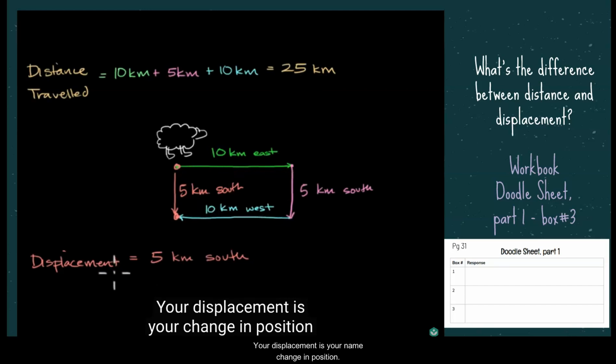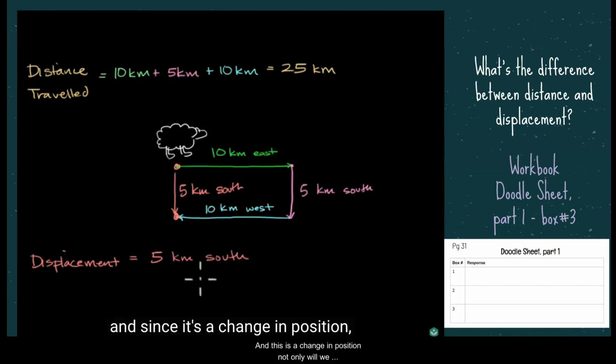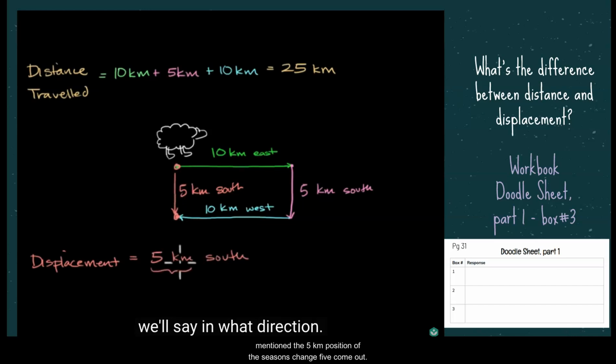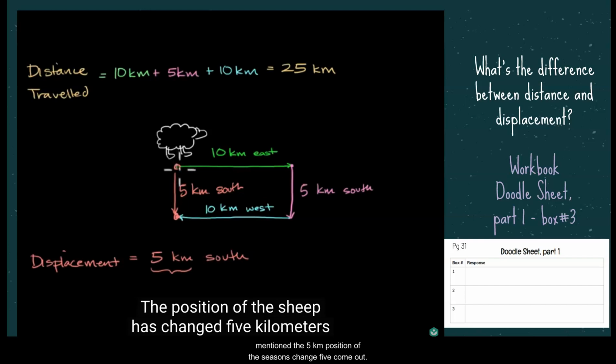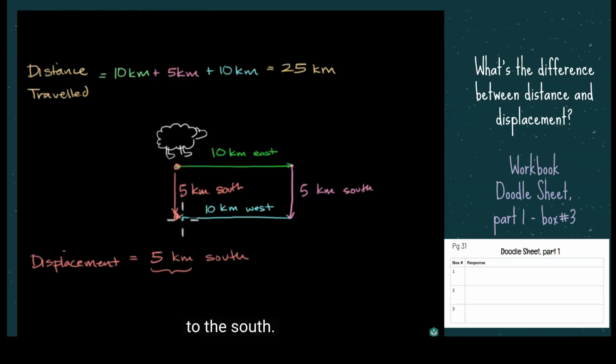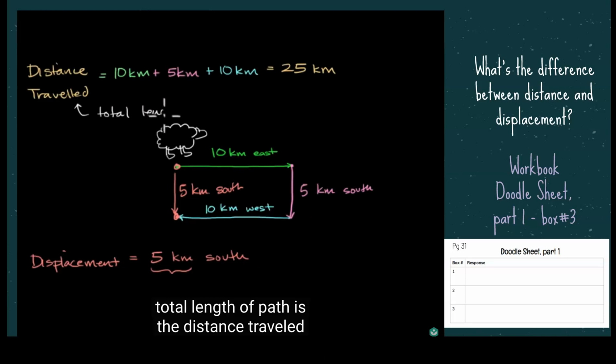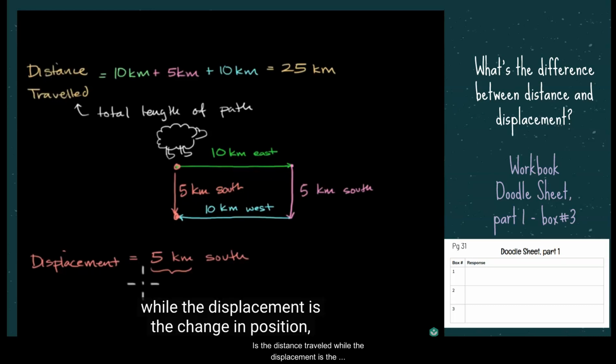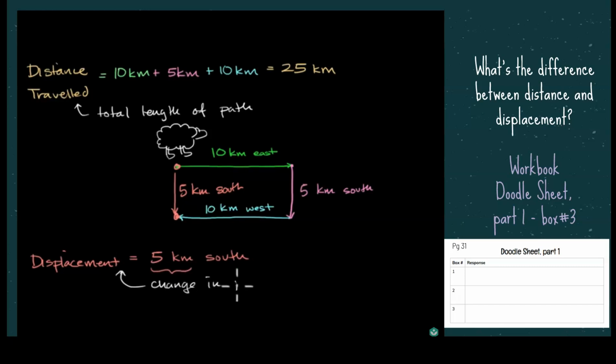Your displacement is your change in position. Since it's a change in position, not only will we mention the 5 kilometers, we'll say in what direction. The position of the sheep has changed 5 kilometers to the south. So let me write this down. Total length of path is the distance traveled, while the displacement is the change in position.